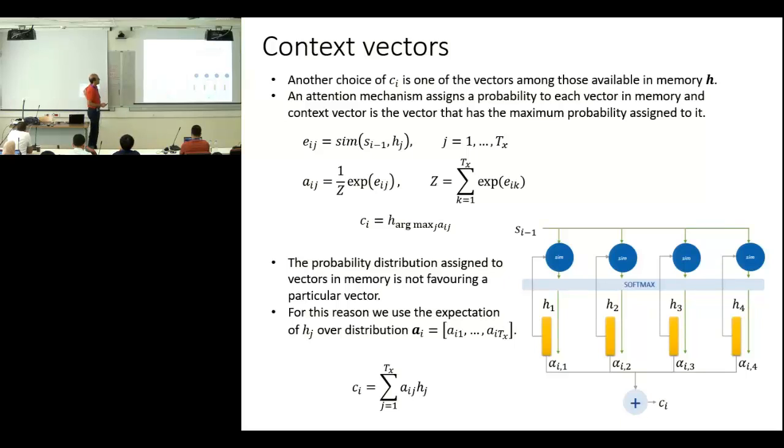We may take as a context vector the hidden state of the encoder, which gives the highest of these probabilities. The problem with this construct is the following. The probability distribution assigned to vectors in memory is not favoring a particular vector, it is flat, especially at the beginning of the training.